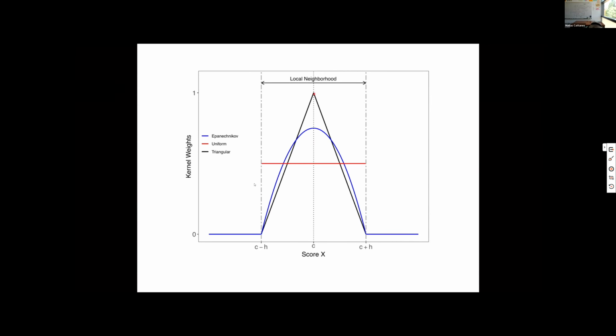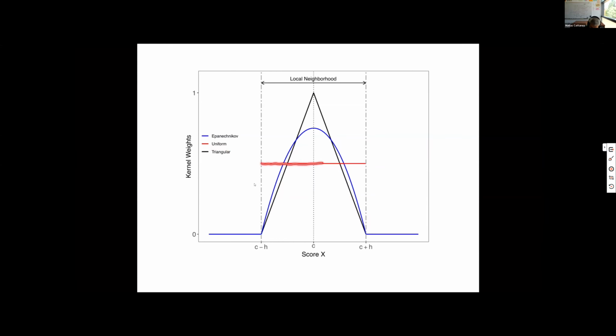This kernel is a weighting scheme that downweights observations as they are placed away from the cutoff in terms of their score. They are downweighted linearly, right? You can also downweight them quadratically, and that is typically called the Epanechnikov kernel. Or we may choose not to weight or downweight observations at all, and that is typically called the uniform kernel.